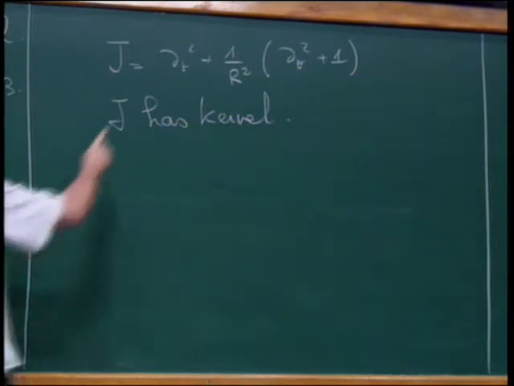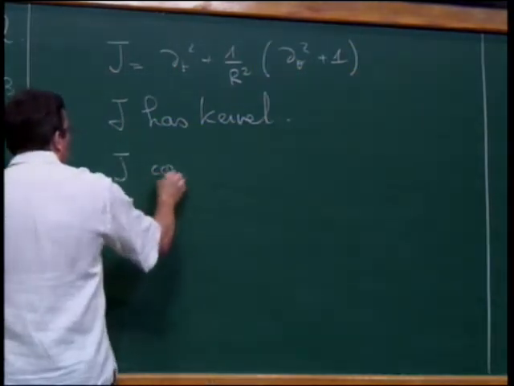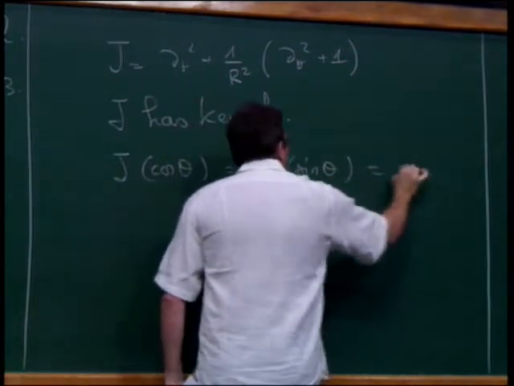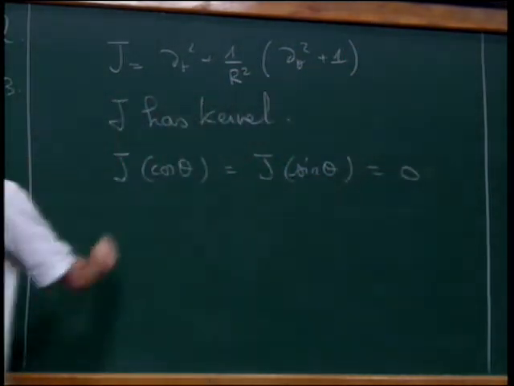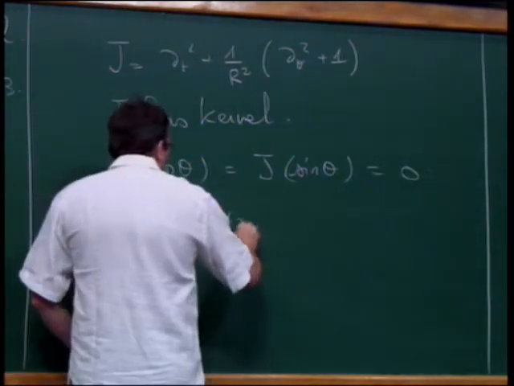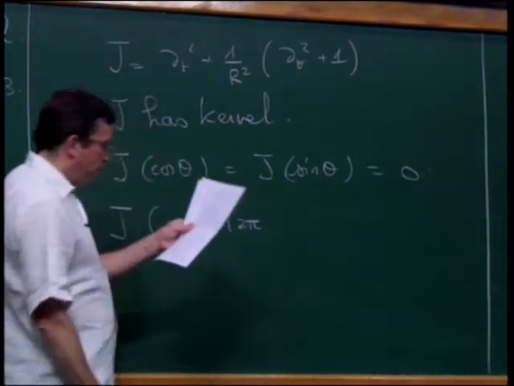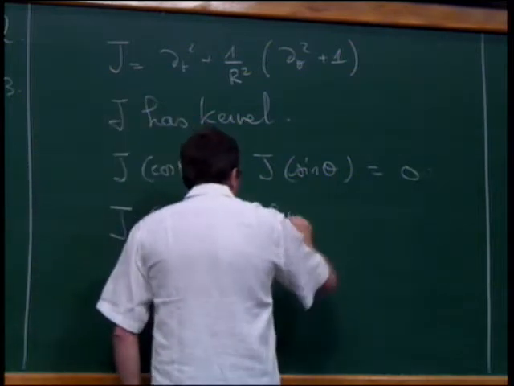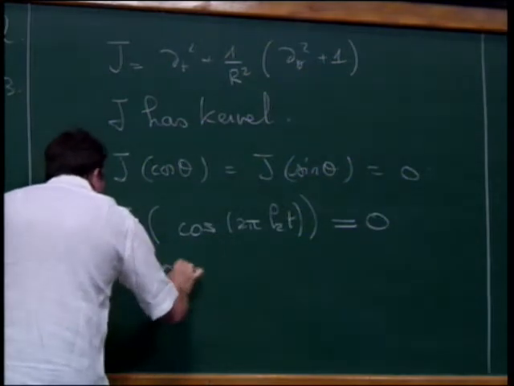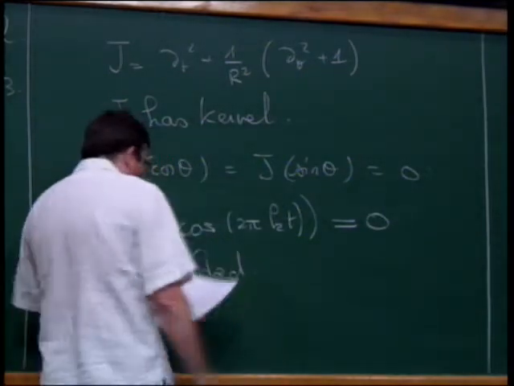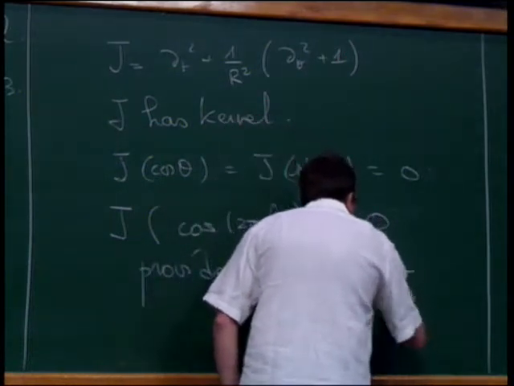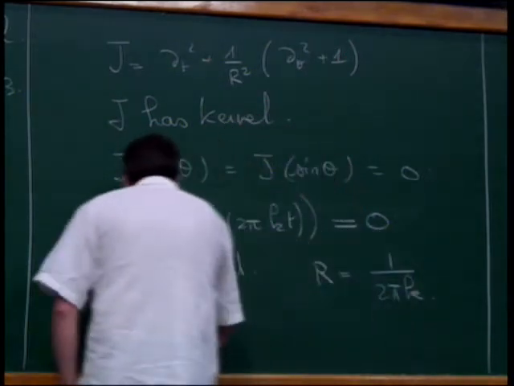But also what you find is that cosine 2 pi k t is in the kernel, provided the radius r is chosen to be 1 over 2 pi k, and k is an integer.